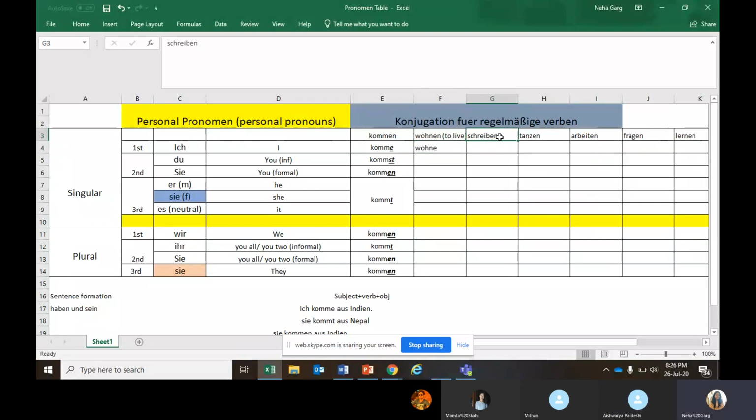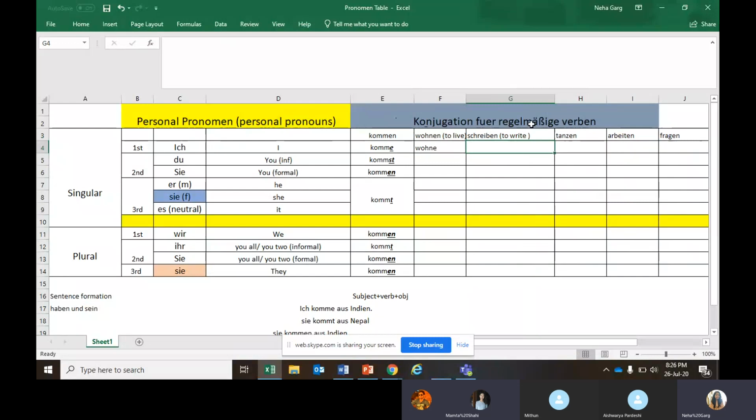Then schreiben means to write. Ich schreibe. Again, e, right? I write.